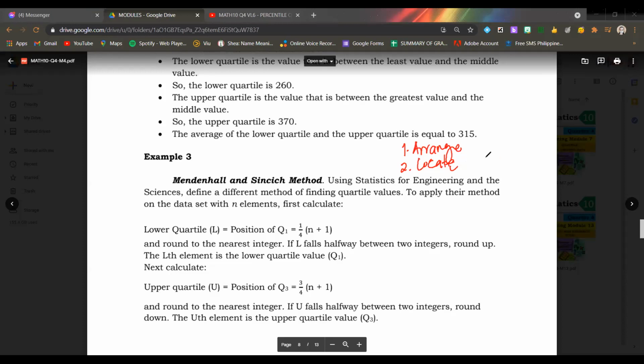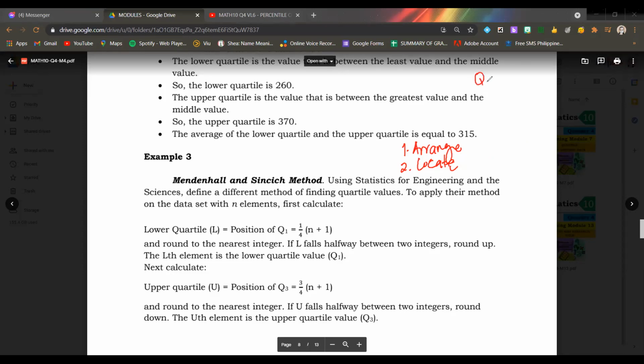So ano po yung formula natin dito? Formula natin dito, quartile is equal to n plus 1 divided by 4. Okay? Ay, ganito na lang para mas maintindihan nyo.